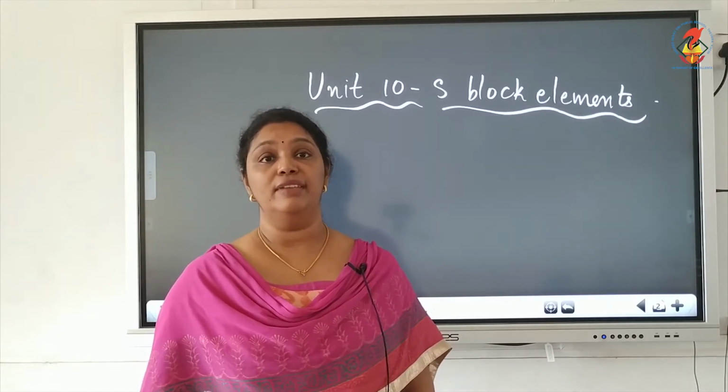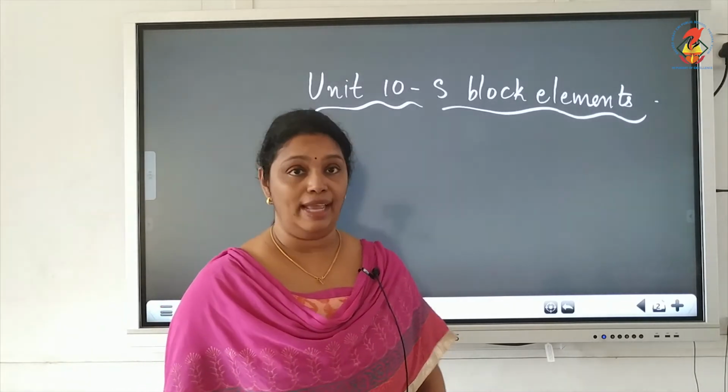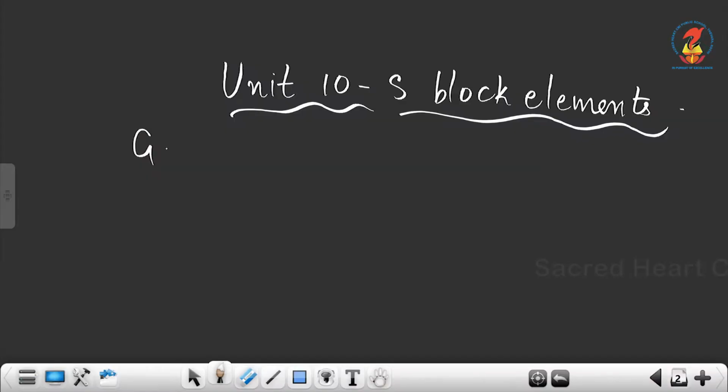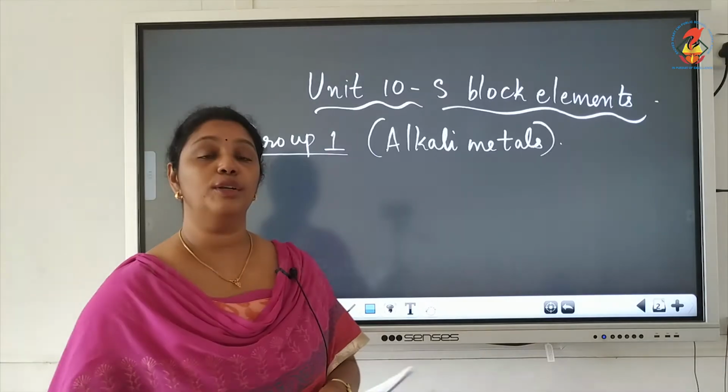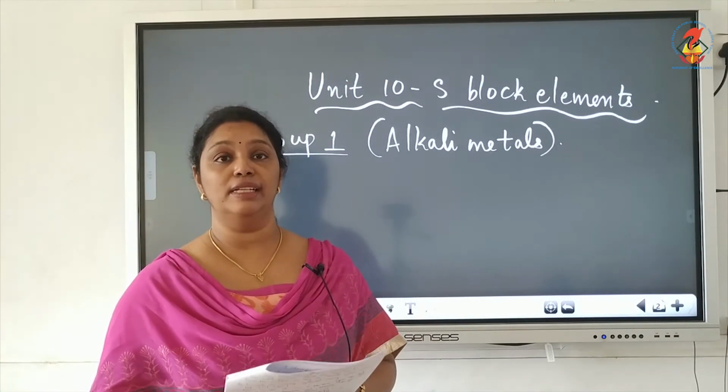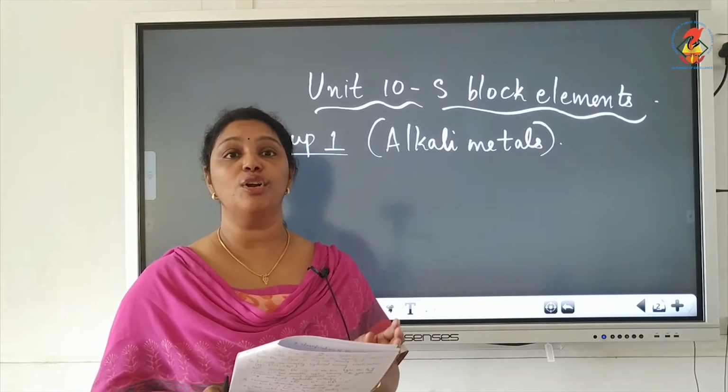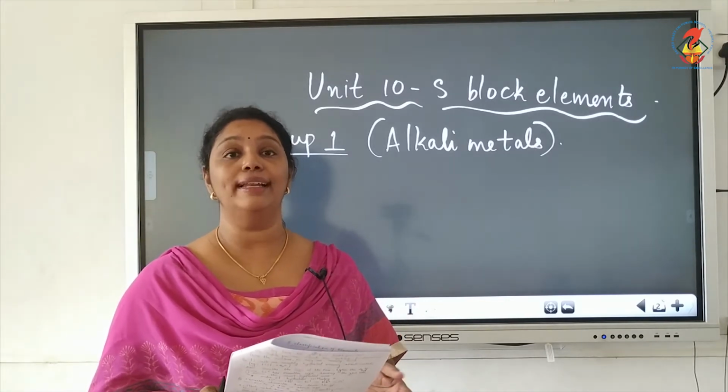Now, let us see which are the group 1 elements. So, we have group 1. And group 1 elements are also called alkali metals. Now, why are group 1 elements called alkali metals? Because they form hydroxides with water which are alkaline in nature.